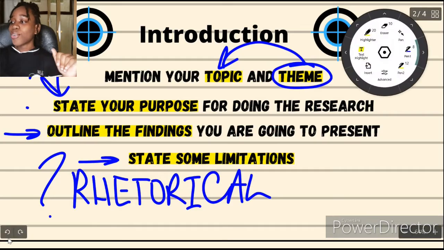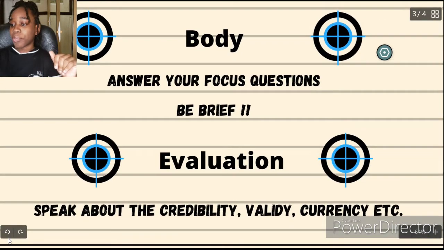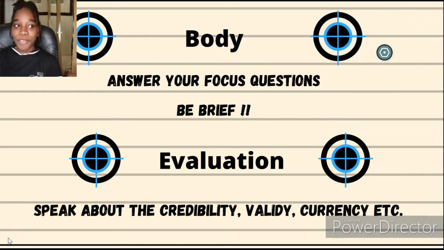Yes. So let us move down to the body. So the body is where you will answer your focus questions. So remember, my 3 focus questions dealt with who or what type of illnesses the marijuana is used to treat, whether or not marijuana is actually legal in Jamaica, and the side effects of the usage of marijuana.